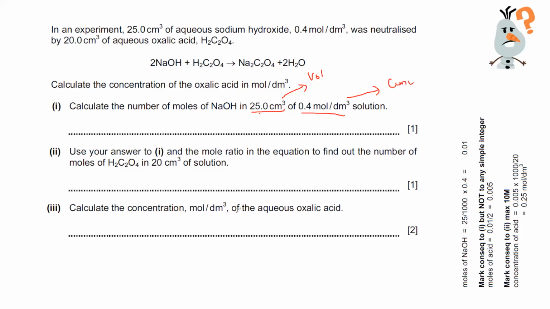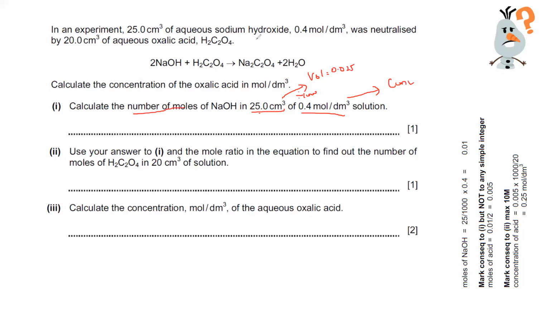But because the volume is in centimeter cube, we have to convert it into decimeter cube. To convert centimeter cube into decimeter cube, we divide by 1000. So the volume will be 25 divided by 1000, which is 0.025.